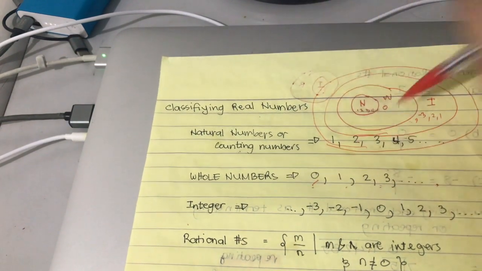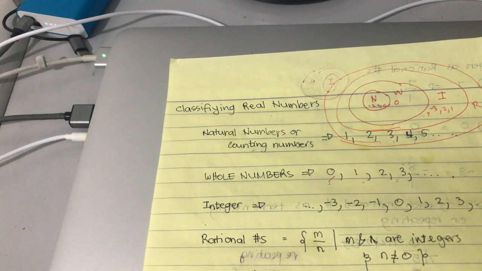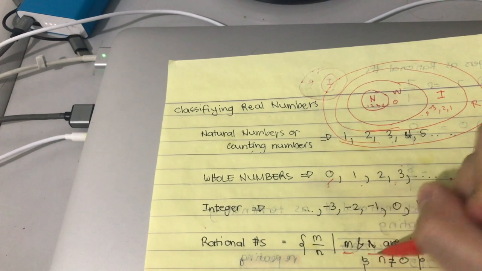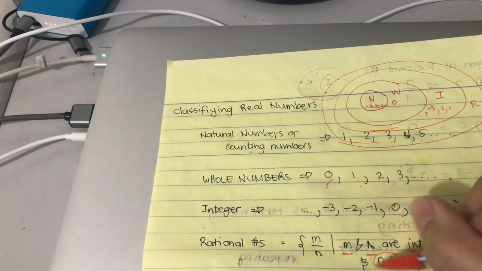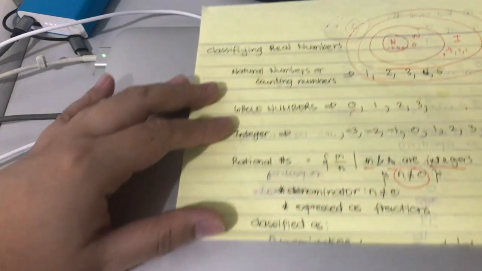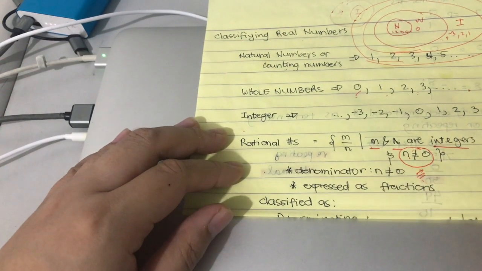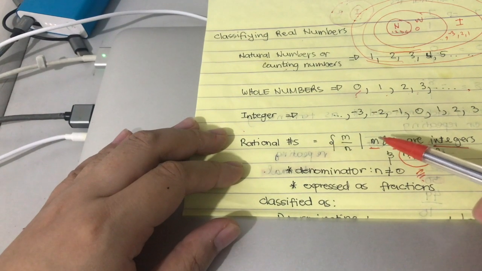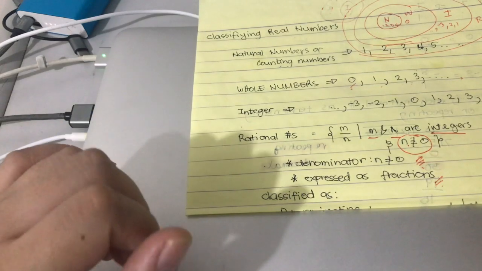A set of rational numbers is m over n, where m and n are integers, but n must not be equal to 0. The denominator cannot be equal to 0 when you express rational numbers as a fraction.